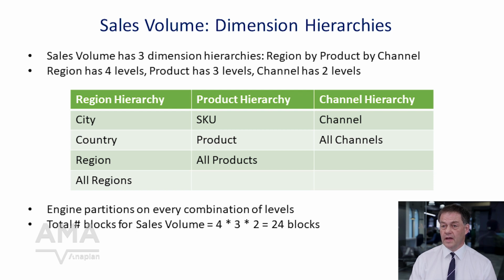So, if you look at a module with, say, sales volume with 3 hierarchies on it, and those hierarchies have perhaps 2, 3, and 4 levels each, including the top level, as in the picture with region, product, and channel hierarchy, then for the line items in that module that have a summary method, and that tends to be most of them, we calculate in advance and we keep up to date all combinations of the levels of those hierarchies.